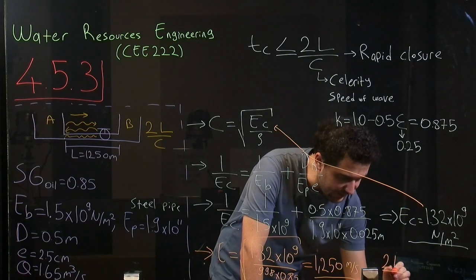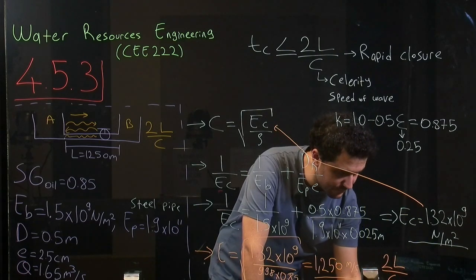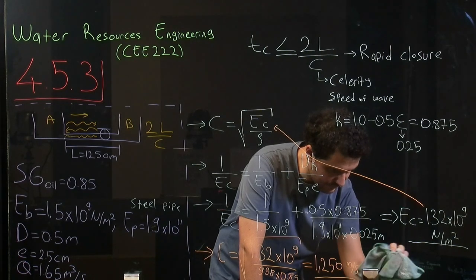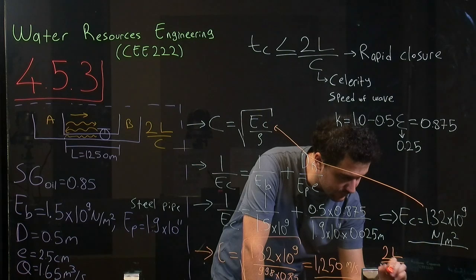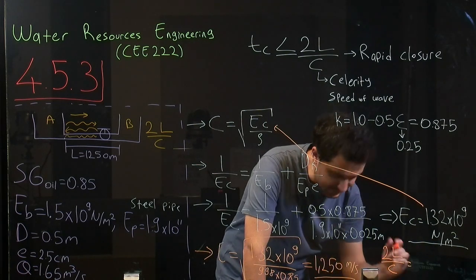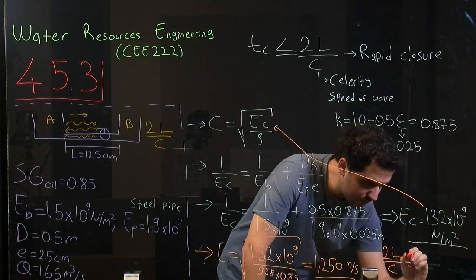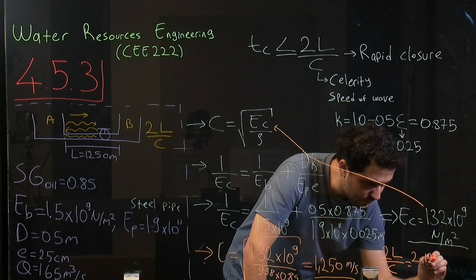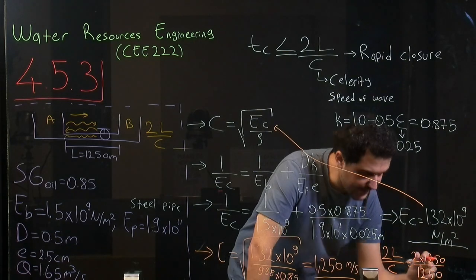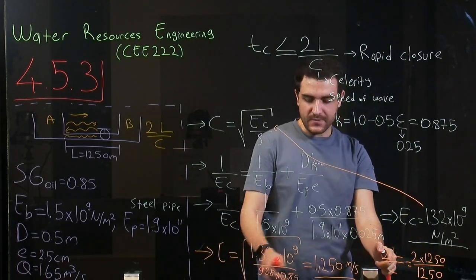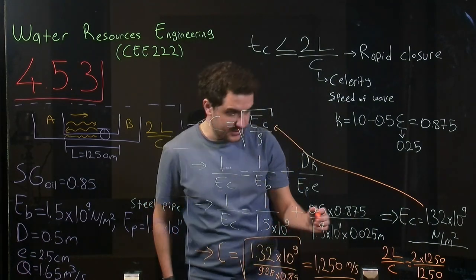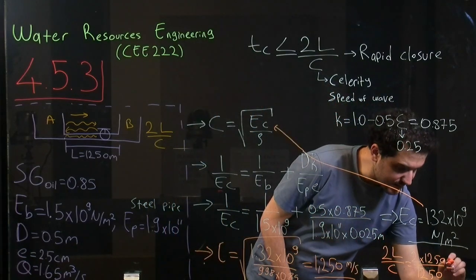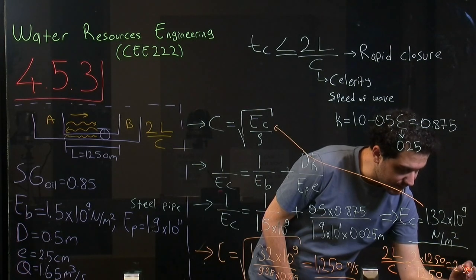So 2L over C is equal to the length of pipeline over the speed of wave. So this is giving 2 seconds.